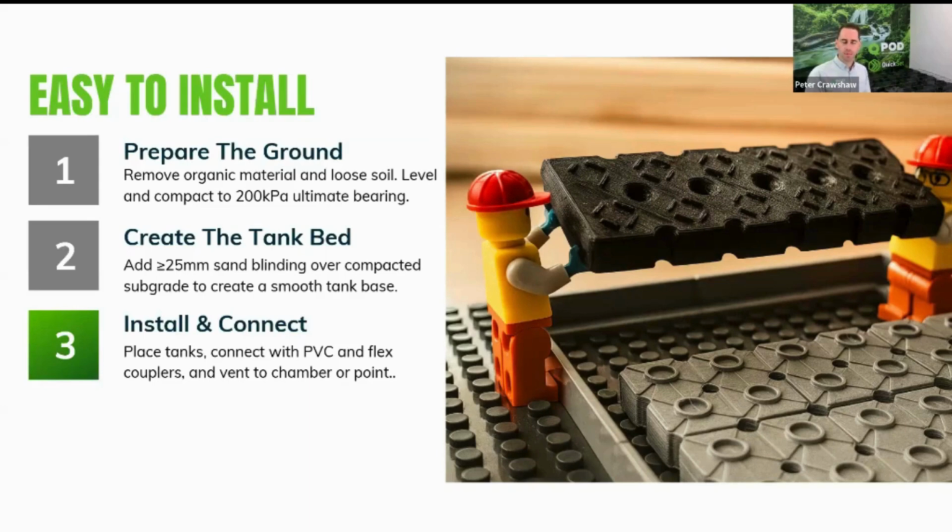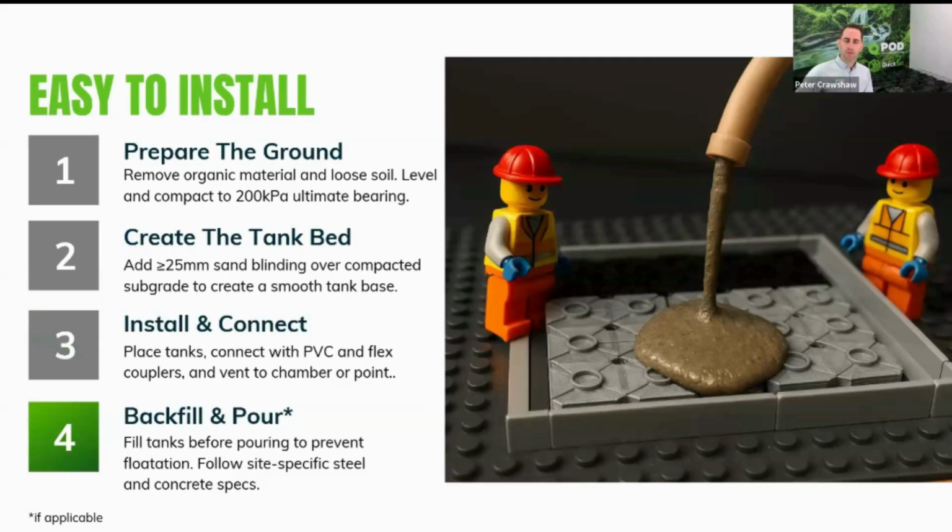So it does open up on site for the contracted plumber to complete this works, making it easy for developers as well. So connecting them up, and then obviously backfilling and pouring the concrete. So pouring it along with all the pods, all in one pour. Your steel and reinforcing is all integrated with the pods. So thanks, Ethan, our little Lego man, for demonstrating that easy process.